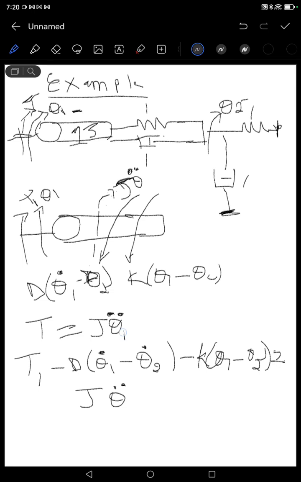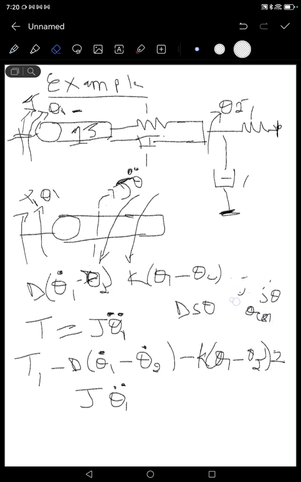Remember, here we're working with theta 1, so we're gonna introduce Laplace on both sides, okay. Remember, I said when we have the D theta dot 1, it's the same as D s theta, and if we have the theta dot dot, it's the same as s squared theta, okay. And then this theta is just gonna be a theta of s, okay.